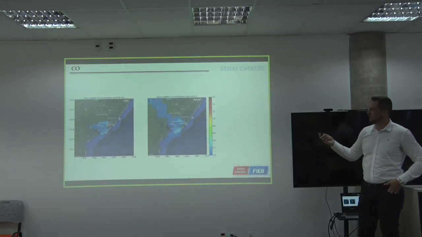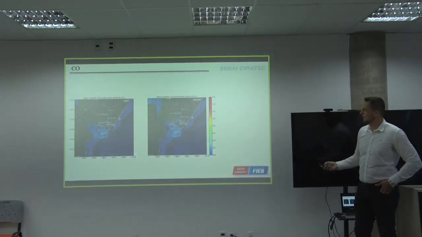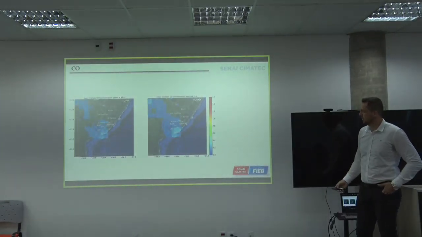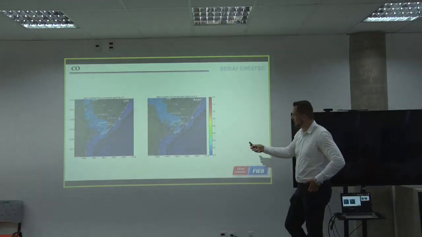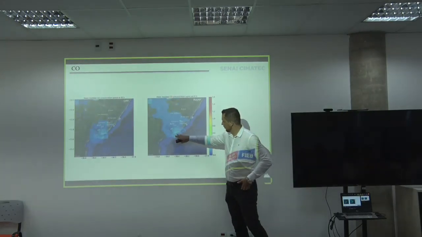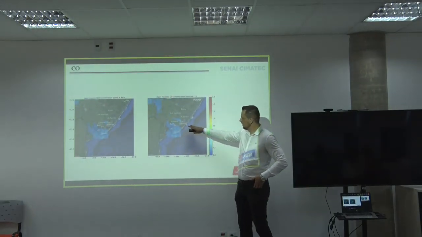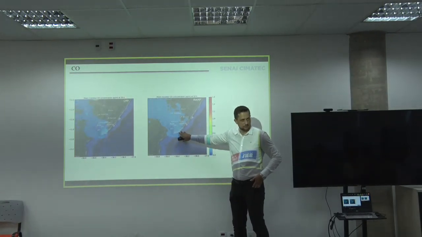The same is for carbon monoxide, CO. As you can see, there are moments when we have higher concentrations in Salvador City, but the main industrial areas are farther from the city.